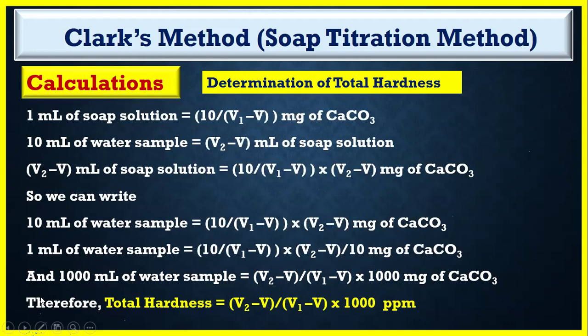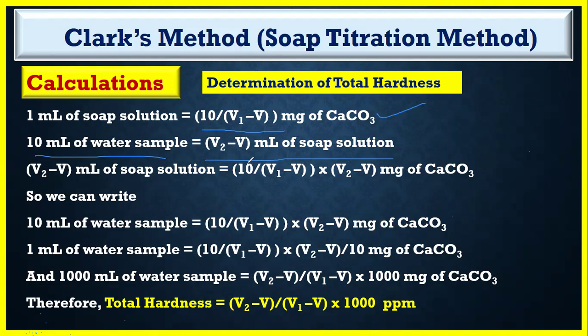To determine the total hardness, see, we have just derived that 1 ml of soap solution is equal to 10 divided by V1 minus V milligram of calcium carbonate. And by titration, we know that 10 ml of water sample is equal to V2 ml of soap solution. But here we are using V2 minus V ml of soap solution.